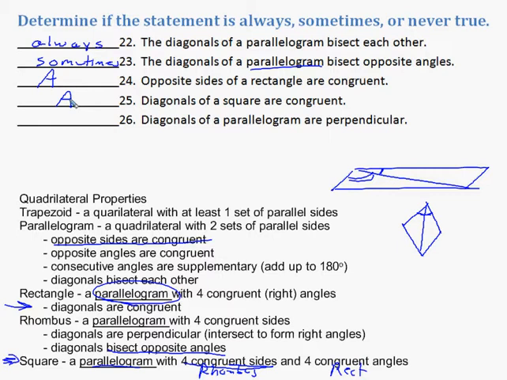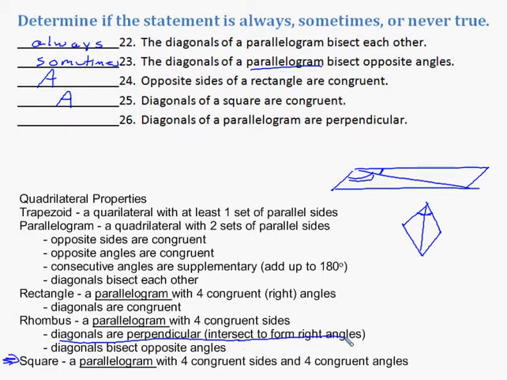And the last one says diagonals of a parallelogram are perpendicular. Well, we don't see under parallelogram that it says diagonals are perpendicular. So we know it's not always true, but can it be true? And we do see down here again in a rhombus that diagonals are perpendicular.